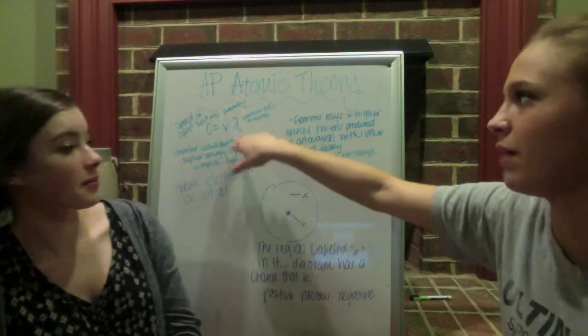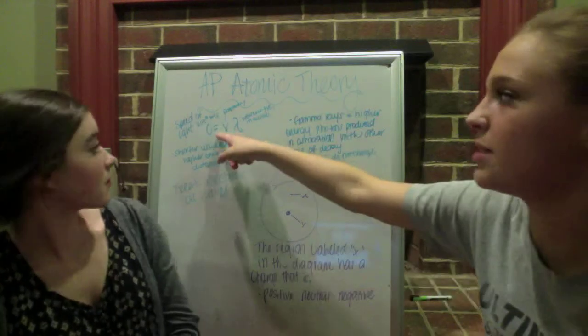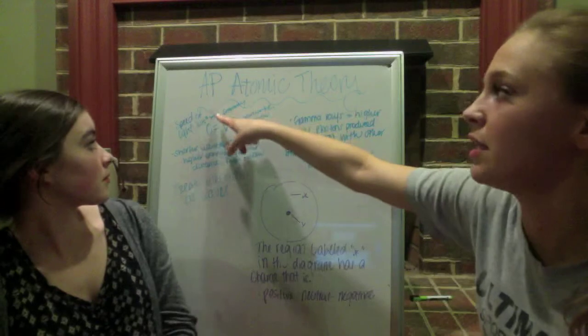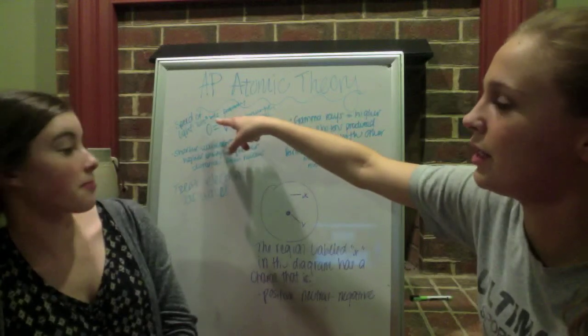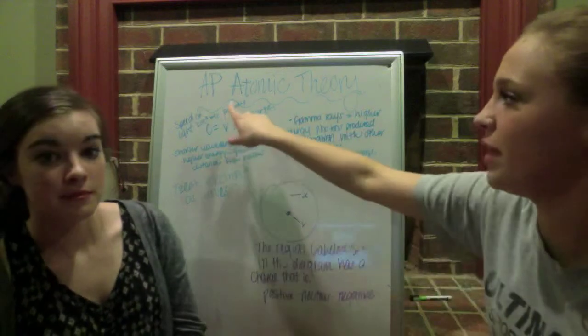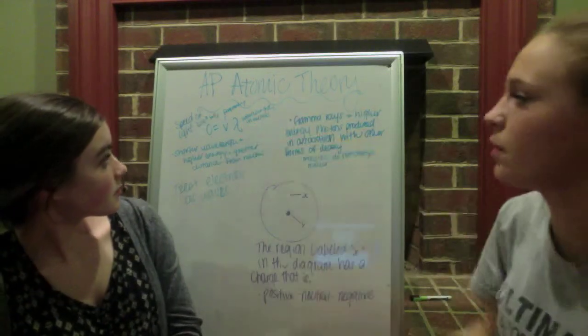Wavelength. Times the wavelength symbol. Forgot what it's called, but c is your speed of light, and that's 3.00 times 10 to the eighth meters per second. And your v is frequency, and then that's your wavelength in meters.